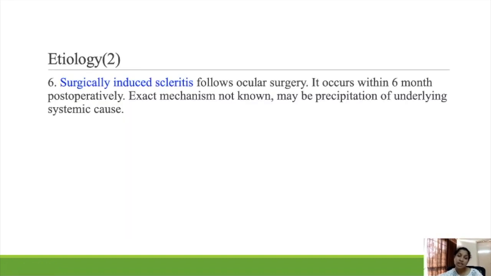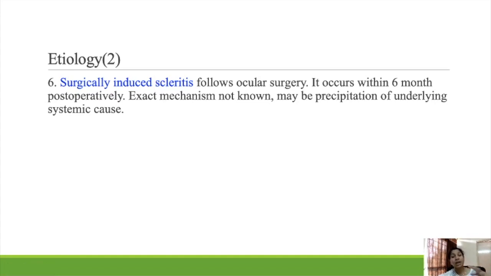Also, surgically induced scleritis can follow ocular surgery. It occurs within 6 months post-operatively. After the eye surgery, within 6 months there is a chance of getting scleritis. It doesn't have to come immediately after the surgery.